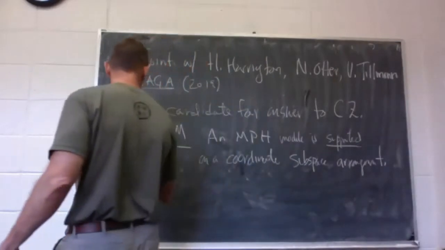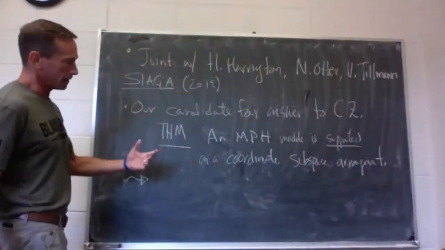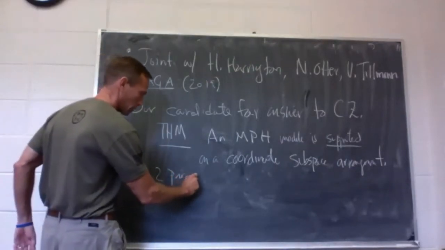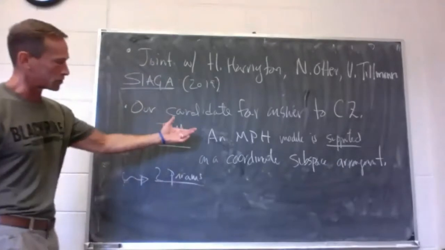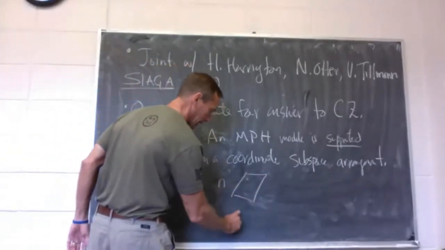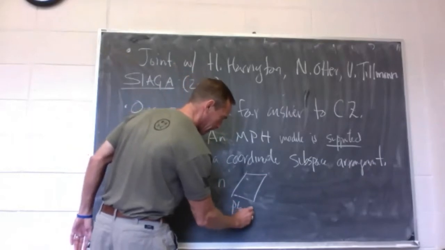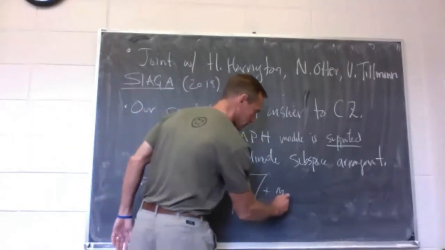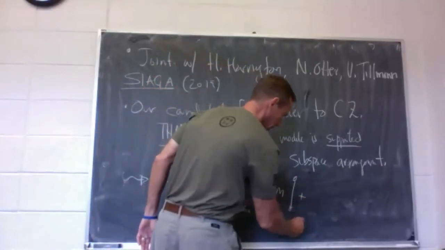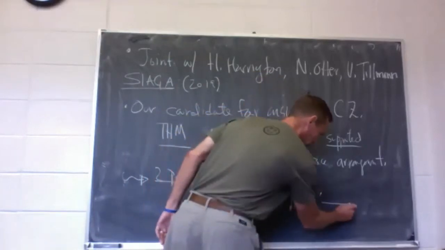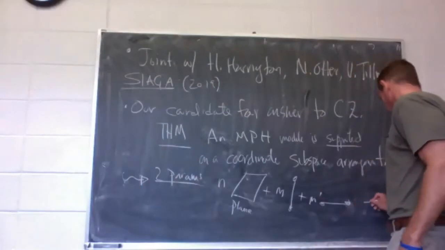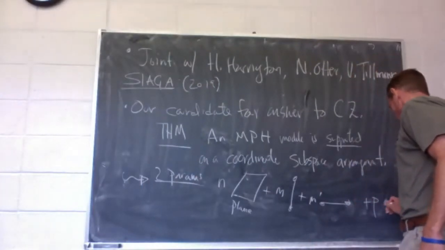So what that means is one might visualize, for a bifiltration with 2 parameters, the MPH module as being some number of copies of the plane, plus some copies of lines, which are the x-axis, plus some number of copies of the y-axis, and then some number of copies of the origin.